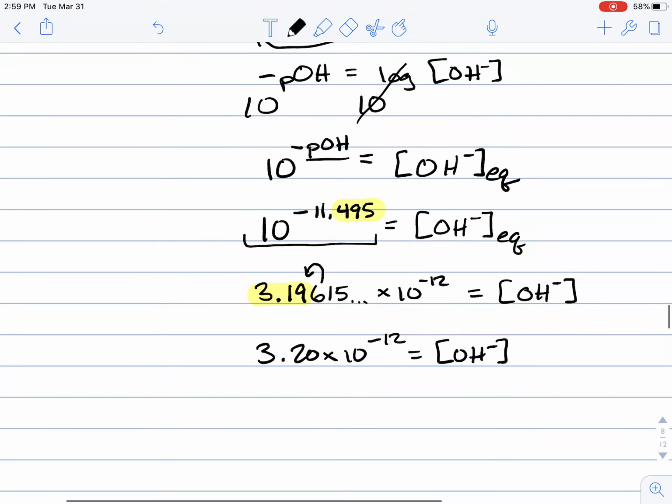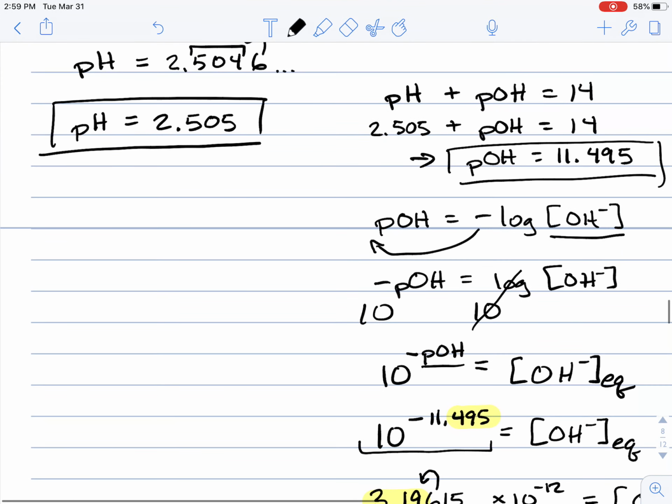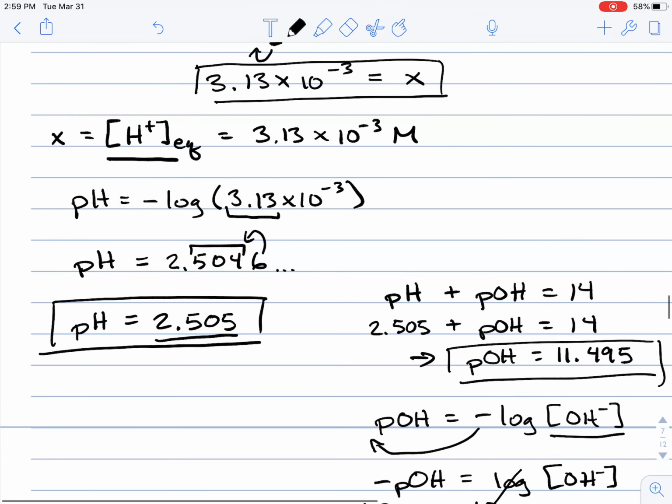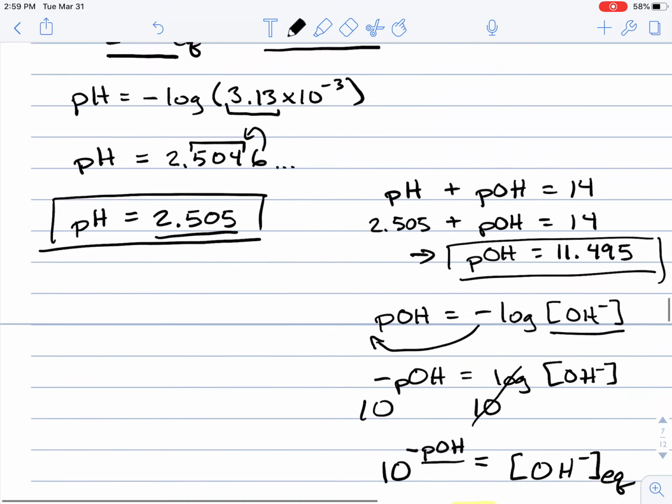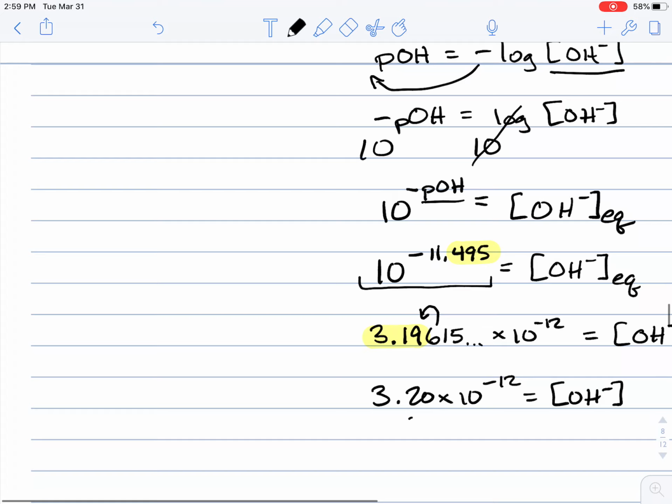If you look at the pH, it is 2.505. Since we have a pH that's less than 7, this solution is considered acidic. Another way to determine if it's acidic or basic is by comparing the concentrations of H plus and OH minus.